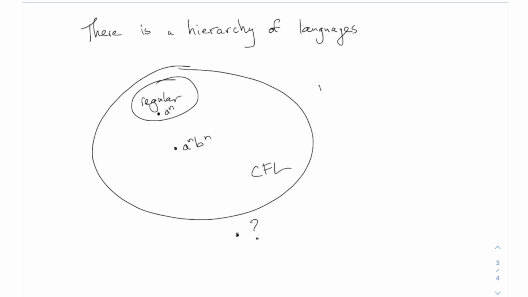This is sometimes referred to as the Chomsky hierarchy. Chomsky is the name of a famous linguist and computer scientist, and now sort of political, cultural rabble-rouser named Noam Chomsky. I don't know if you've heard of him.